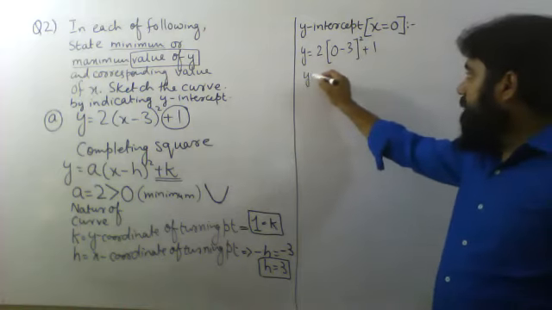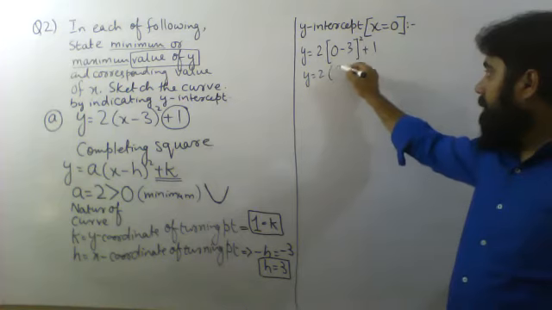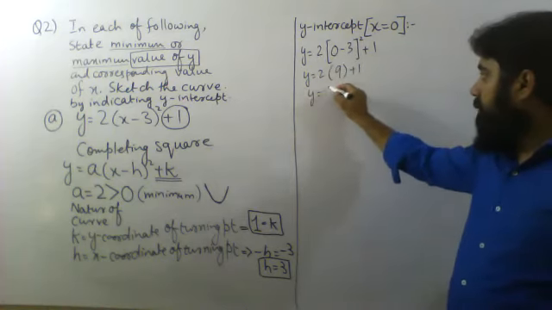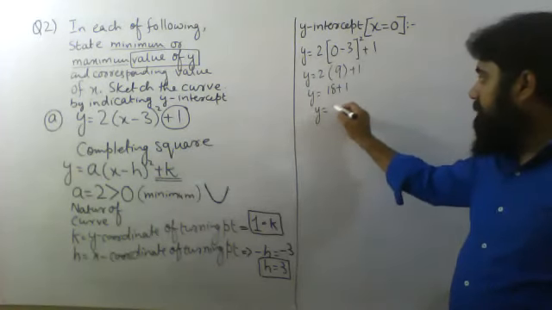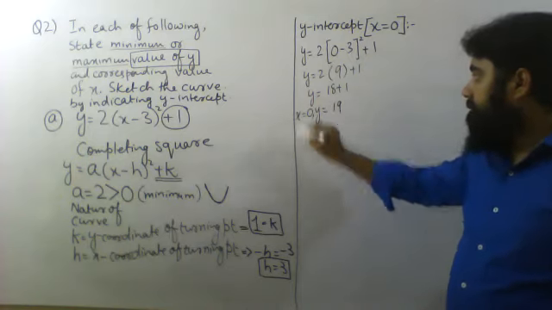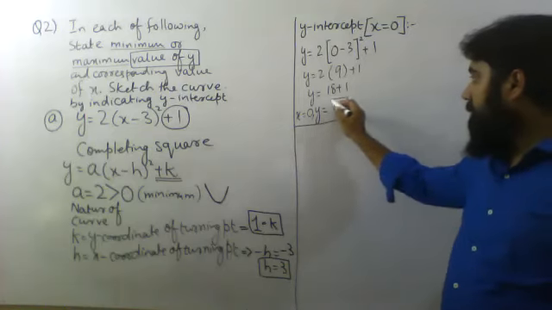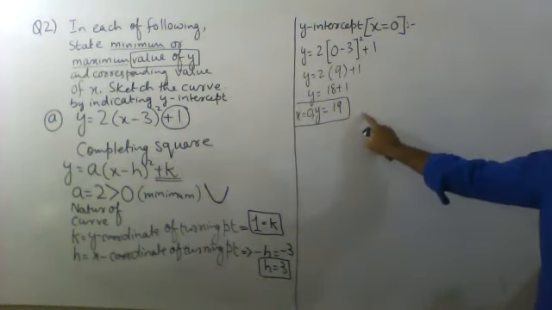Simplifying it, y equals 2 times 3 squared, which is 9, plus 1. y equals 18 plus 1, and y equals 19 when the value of x was 0. When the value of x was 0, y is coming 19. Okay, so I have got my y-intercept also.